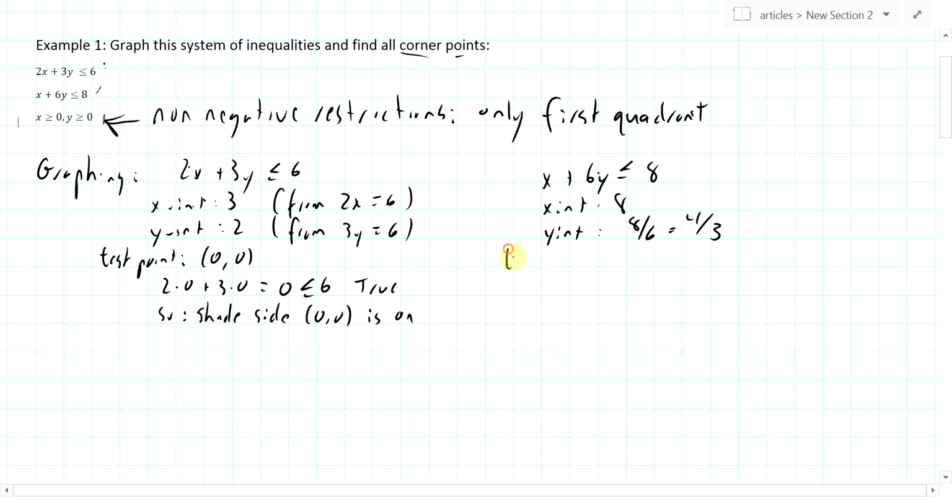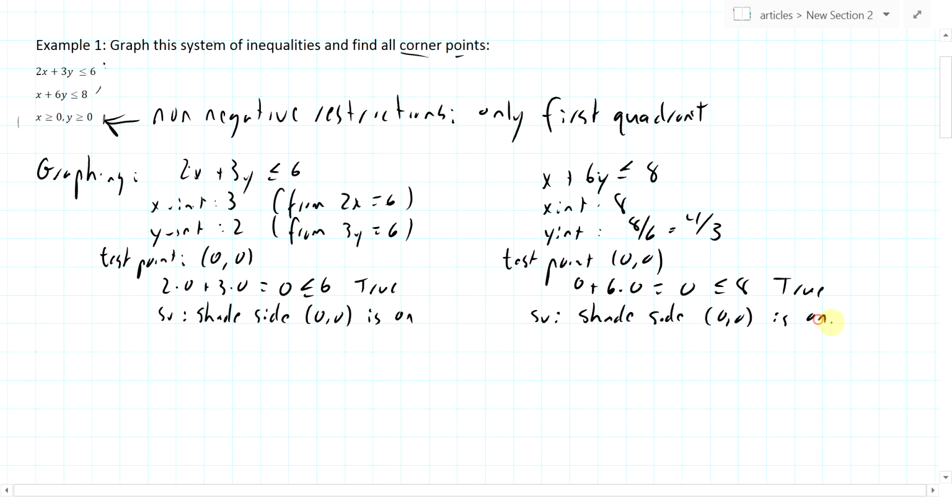And again here, what's my test point? 0, 0. Plug that in, you get 0 plus 6 times 0 equals 0. So plugging in 0 for x, 0 for y. And that's less than or equal to 8. And that's true. So shade the side 0, 0 is on.